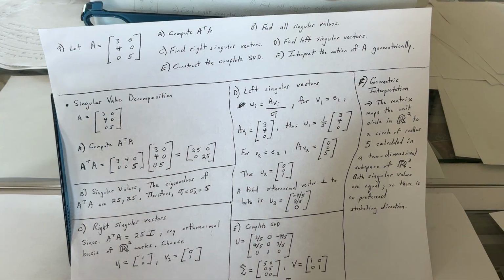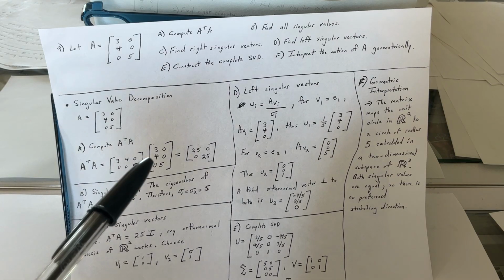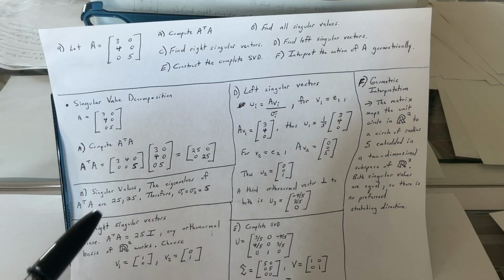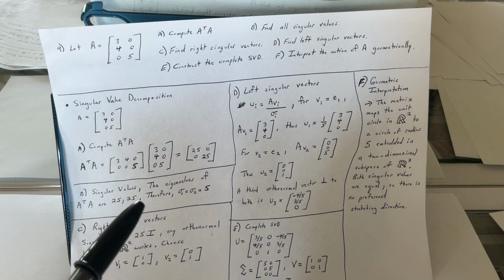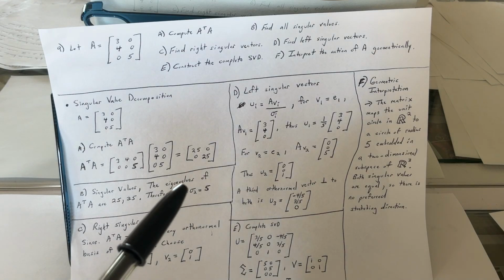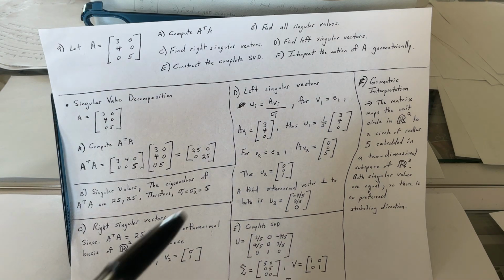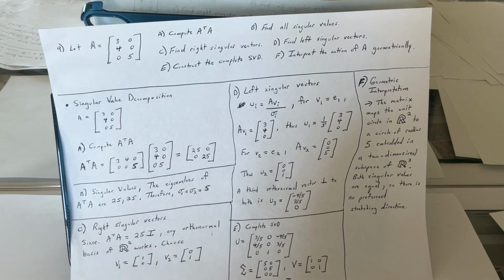So, singular value decomposition: A transpose A, setting it up, we get 25, 0, 0, 25 for the rows respectively. For part B, the singular values: the eigenvalues of A transpose A are 25 and 25, therefore σ1 equals σ2 equals 5. The right singular vectors, setting this up: v1 is 1, 0, and v2 is 0, 1. Left singular vectors: U sub i equals A v sub i over σ sub i.